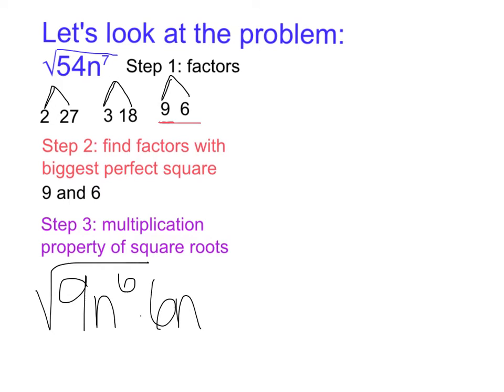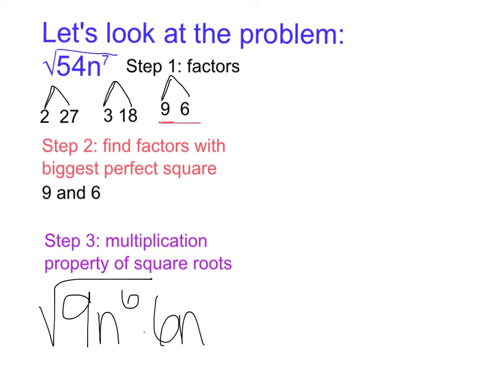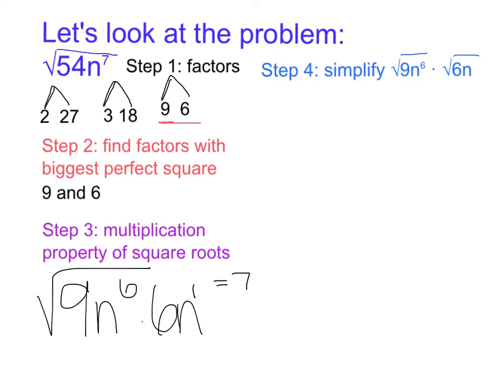Well, remember that we have to break up the n to the 7th into n to the 6th times n, because according to our rules of exponents, when you are multiplying variables with exponents, you simply add the exponents. So if we have n to the 6th times n to the 1st, 6 plus 1 gives us 7.